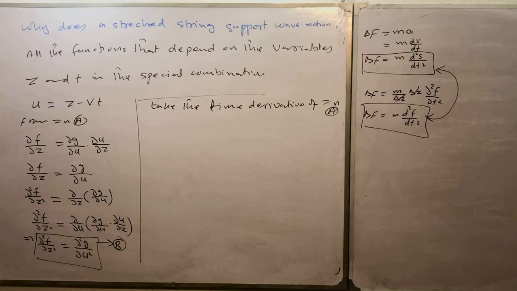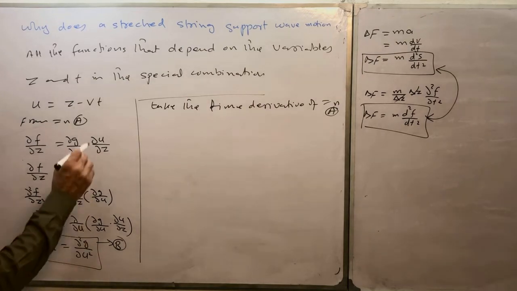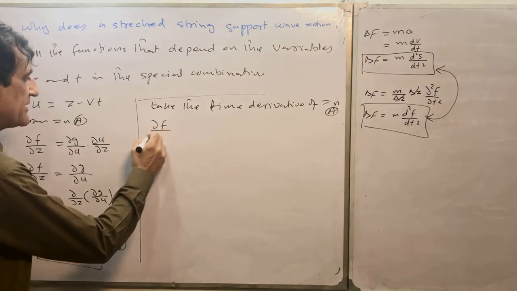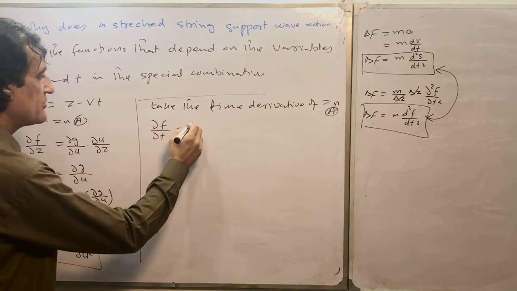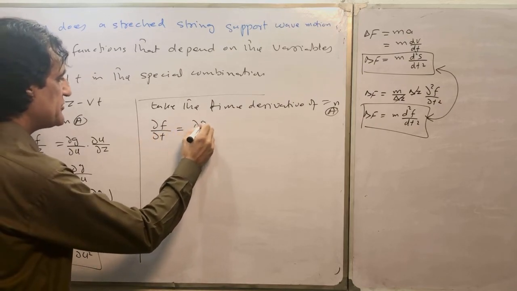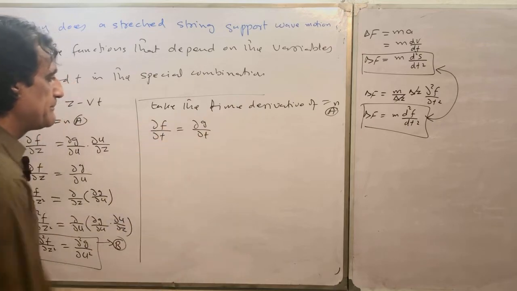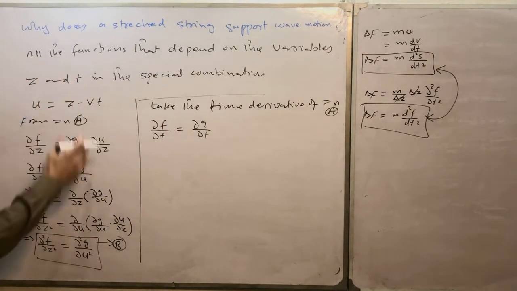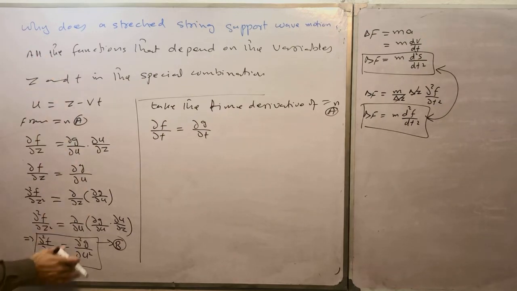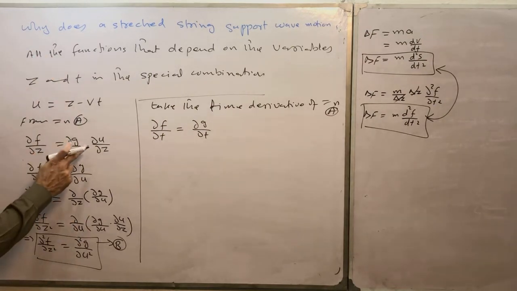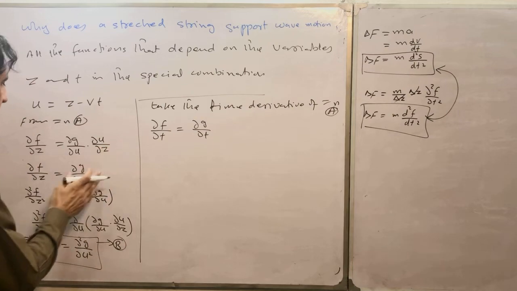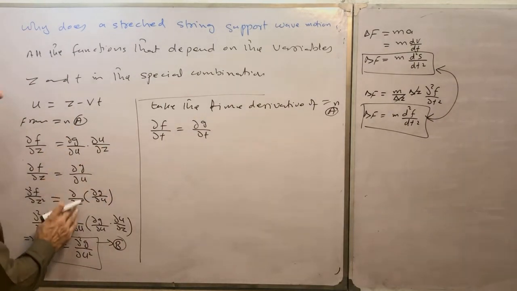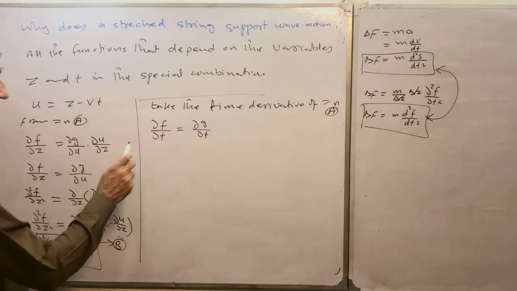If I take the time derivative of equation A, then partial f divided by partial t is equal to partial g divided by partial t. And I have to again repeat the chain rule, just as we have done in this equation.